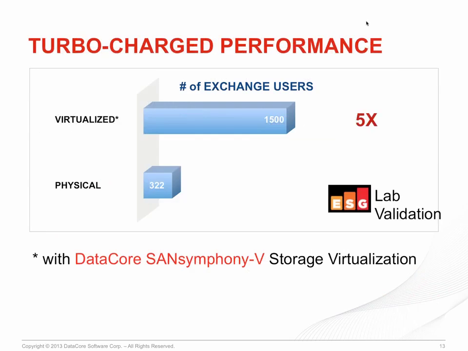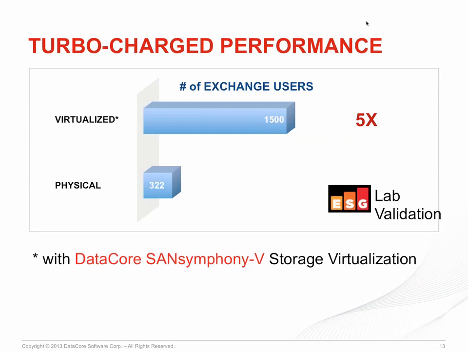ESG is a lab that did a validation, and they did a comparison with the same hardware. They used physical hardware, then they virtualized the hardware, and at the end of the day, the lab validation found that for Exchange, for instance, we were able to deliver 5 times more IOPS per second than a physical server.